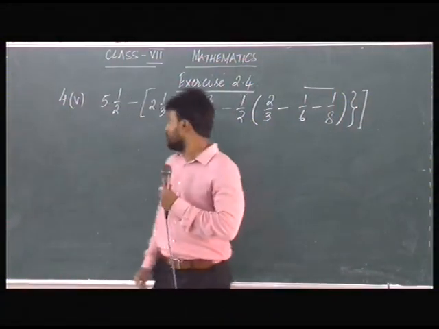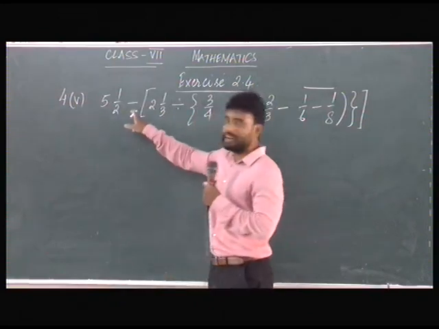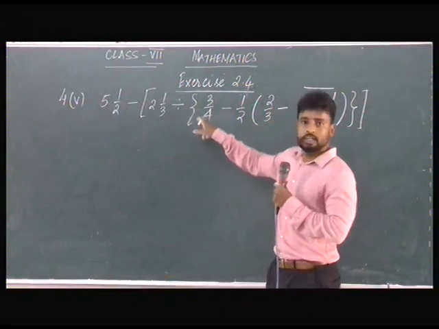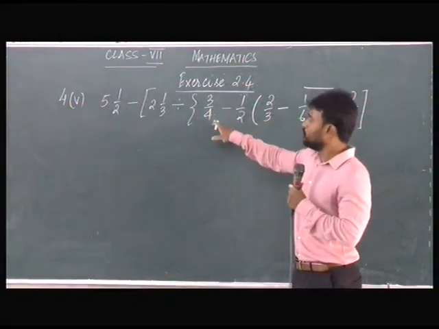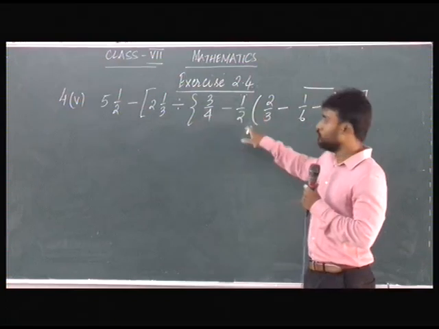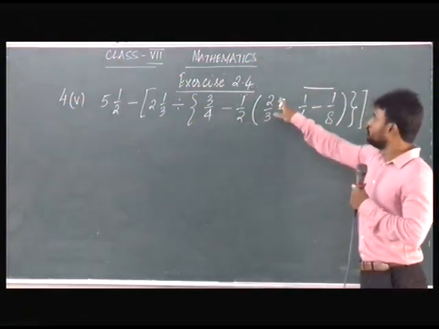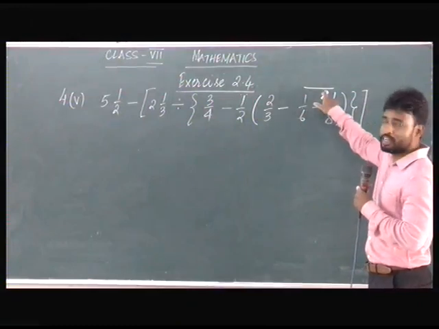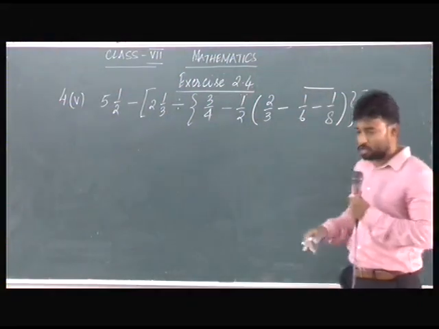So this is the question here. We have 5 1 by 2 minus open square bracket 2 1 by 3 divided by curly bracket open 3 by 4 minus 1 by 2 circular bracket open 2 by 3 minus 1 by 6 minus 1 by 8. On top of it there is a bar and the bracket closed.